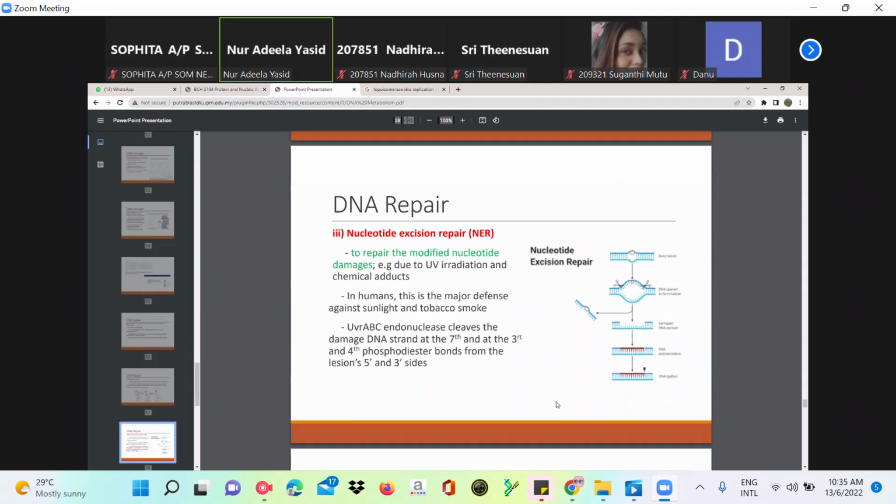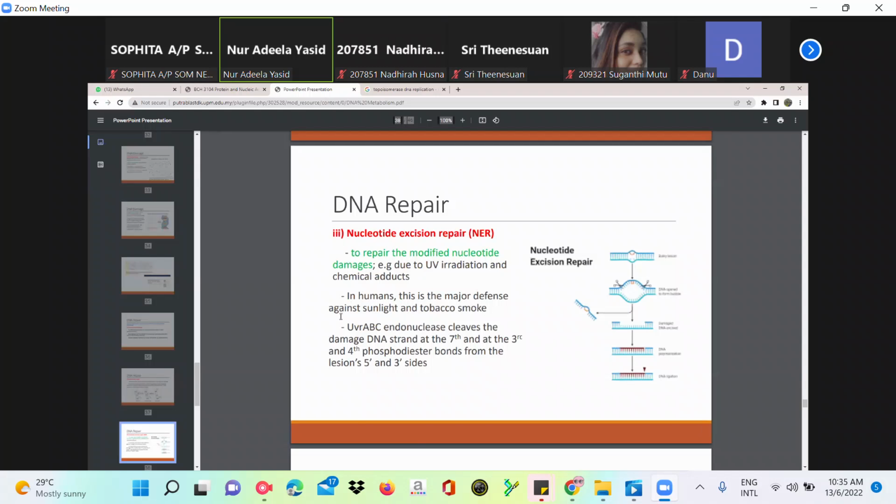Another one is nucleotide excision repair. This one is specifically to repair bulky modified nucleotide lesions, for example due to UV irradiation and chemical adducts. In humans, this is a major defense against sunlight and tobacco smoke. So how does it perform? The endonuclease cleaves the damaged DNA strand at the 3rd and 4th phosphodiester bonds from the lesion, at the 5' and 3' sites.